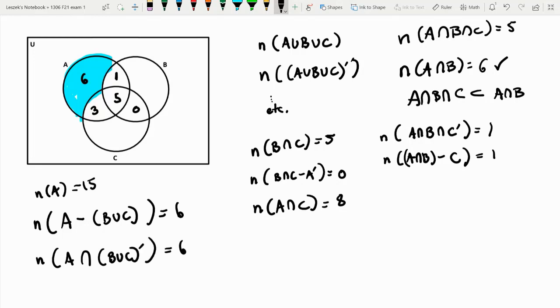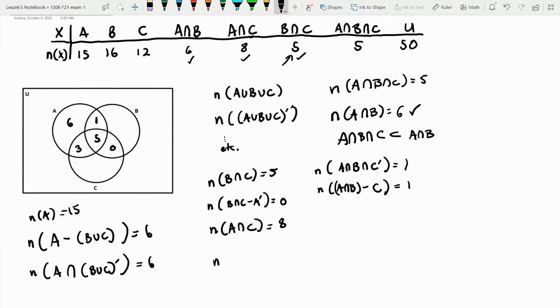Those are equivalent. All right, now the number of things in set B is 16. 6 of them are already accounted for here, so we must have 10 exclusively in B, right? So the number of things in set B but not in the union of A or C is 10.